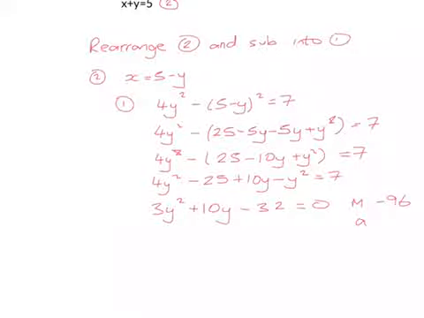Our a is going to be 10. So we think of 2 numbers that are going to multiply to give minus 96 and add to give 10. So our 2 numbers will be plus 16 and minus 6. So we'll have 3y squared plus 16y minus 6y minus 32 equals 0. So that's when we split the middle term.